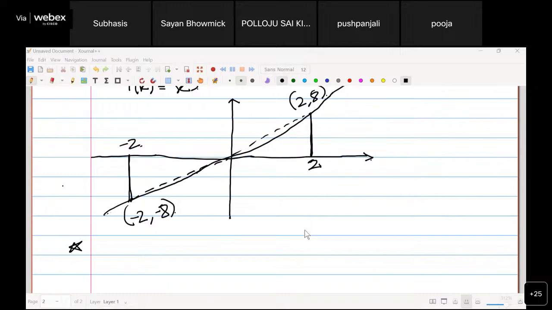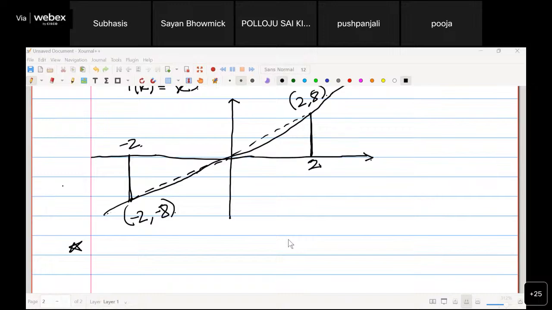One thing you can see is that the graph is cutting the y-axis at 0, 8, right? So what is the equation of the polynomial? It was a into x plus 1 into x minus 2 whole square. That was the equation of the polynomial.